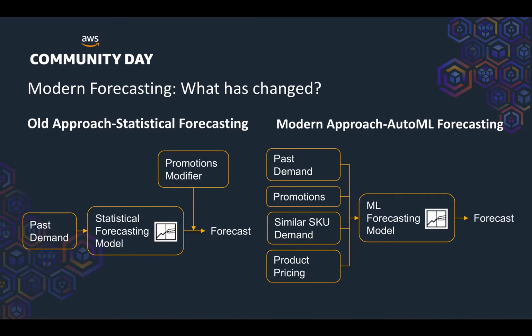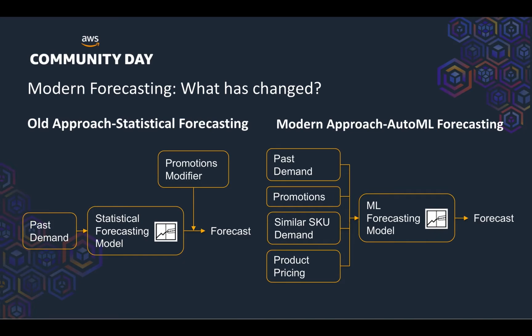To sum up, these are the differences between the two approaches mentioned above. For the input data, the old approach only used the past demand as input. However, the modern approach is able to add multiple time series, such as promotion, similar SKU demand, and product pricing. The old approach uses a statistical model for training and forecasting.